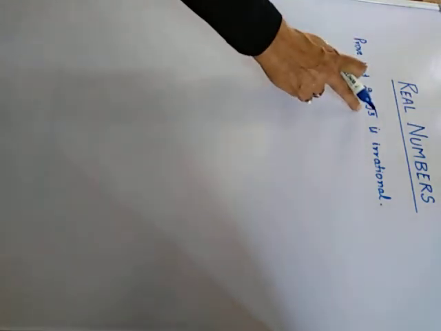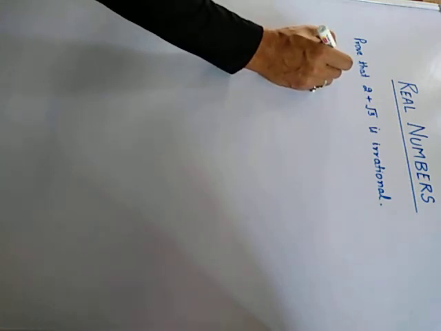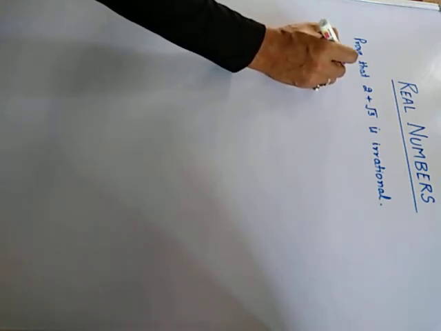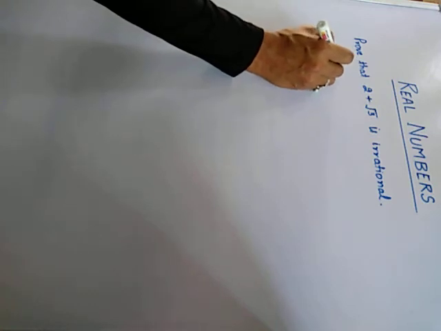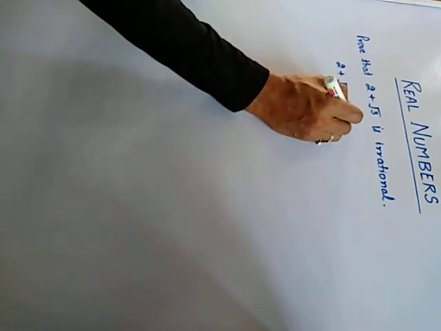But if it is directly asking that prove that 2 plus root 3 is irrational, you need not prove that root 3 is irrational. Again the working is same but slightly convenient to you. We will assume that 2 plus root 3 is rational.